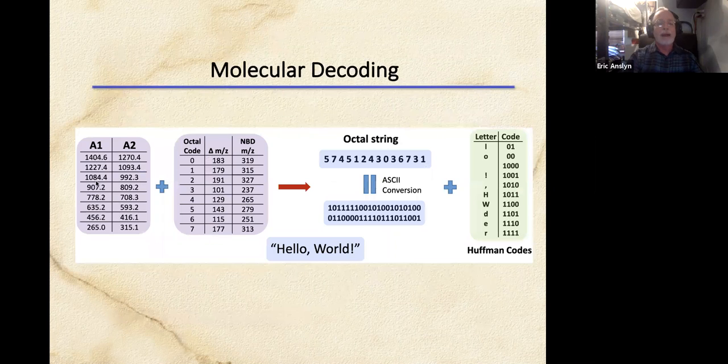And now if you take the masses of those oligomers as we sequence them, convert those masses back into the octal code, because every mass here stands for a certain octal code, you could take the octal string, convert it back into the binary string, and lo and behold, Hello World comes out. So we write a software Python script that analyzes all the data and simply spits out the phrase Hello World.